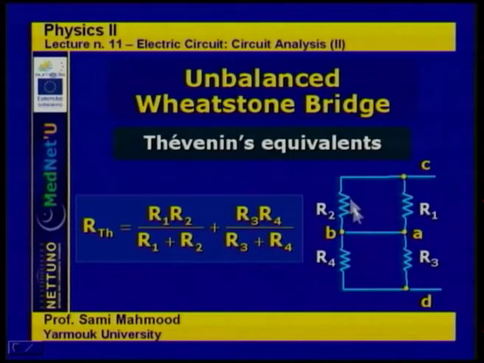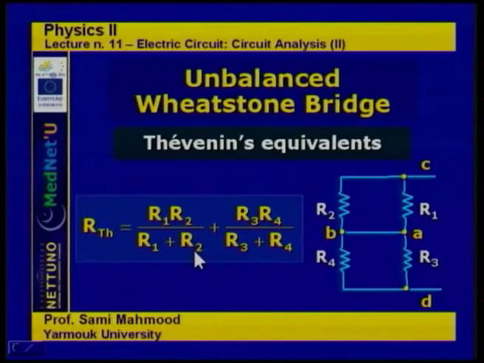And these two sets are in series with each other, because this point is connected to R1, R2, and this same point is connected to R3, R4. So the total Thevenin's resistance is simply the first resistance, R1 R2 over R1 plus R2, plus the second resistance in series, R3 R4 over R3 plus R4.